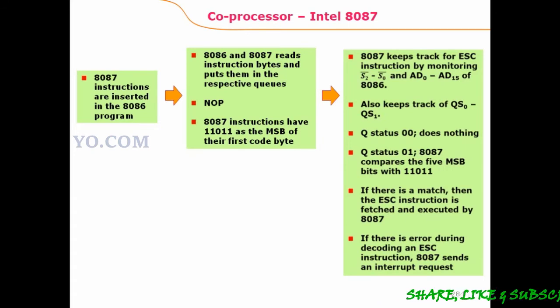Queue status 01 means the 8087 compares the 5 MSBs with 11011. After comparison, if there is a match, the escape instruction is fetched and executed by the 8087. If there is an error during decoding, the 8087 sends an interrupt request.